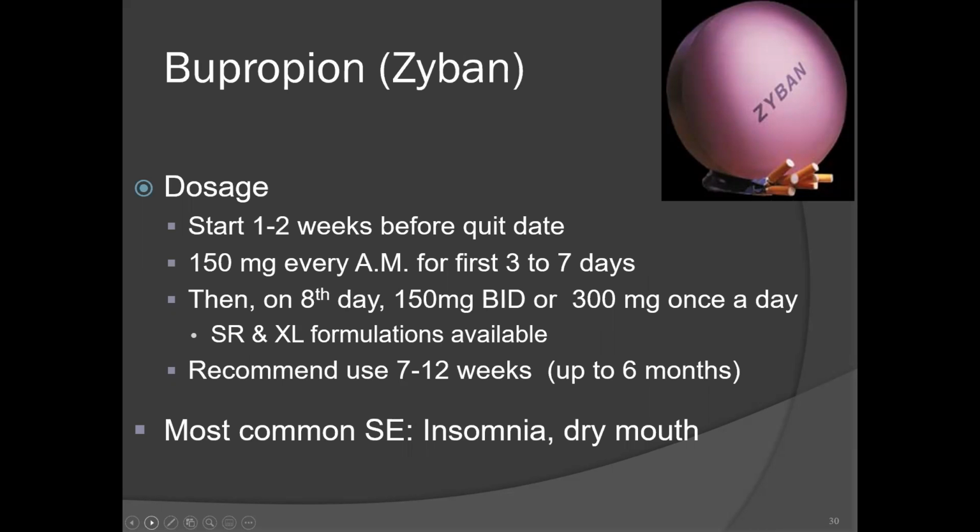And then up to 6 months; I've heard of individuals safely being on it even longer, but in general they recommend 7 to 12 weeks to get jump started, up to 6 months. Most common side effects: insomnia, dry mouth. Pretty much a relatively benign drug.